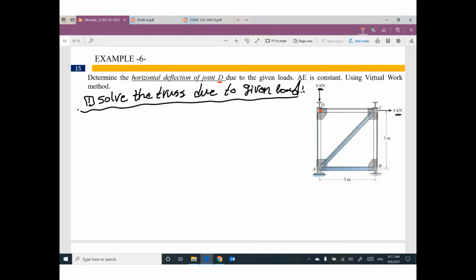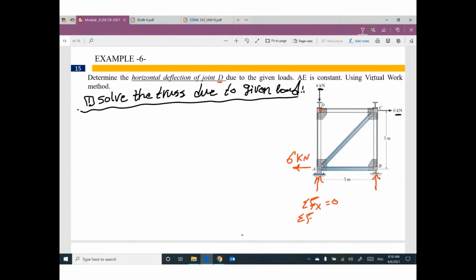Okay, I will start with reactions. I have here two reactions, and here one reaction. I think if you apply summation Fx equals 0, this reaction will be 6 kilonewton.